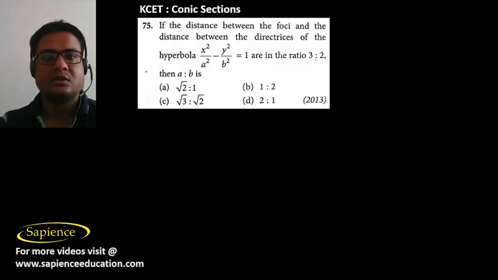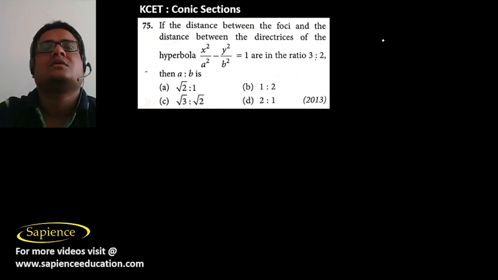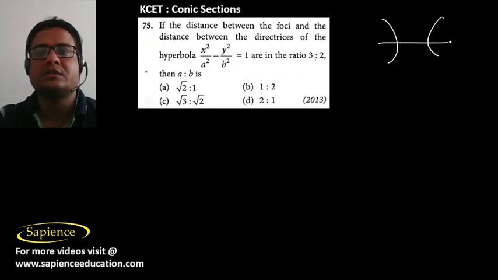Then here it is told that the distance between the foci and the distance between the directrices of the hyperbola are in the ratio 3:2, then find a by b.